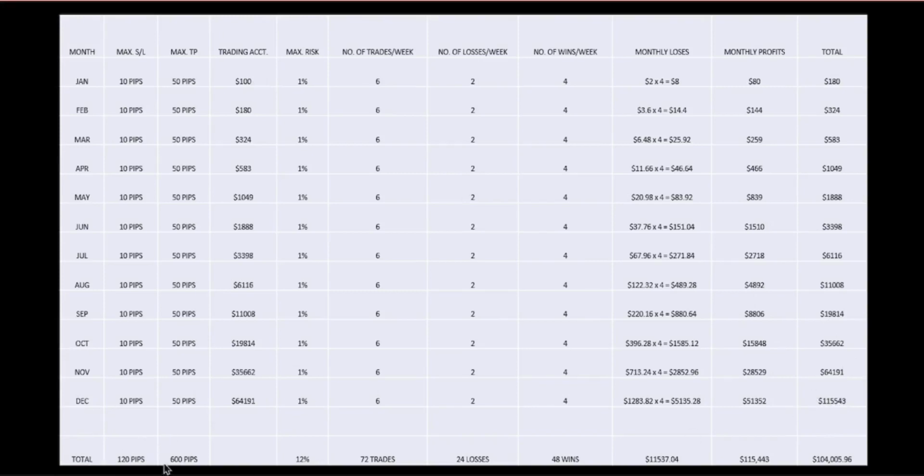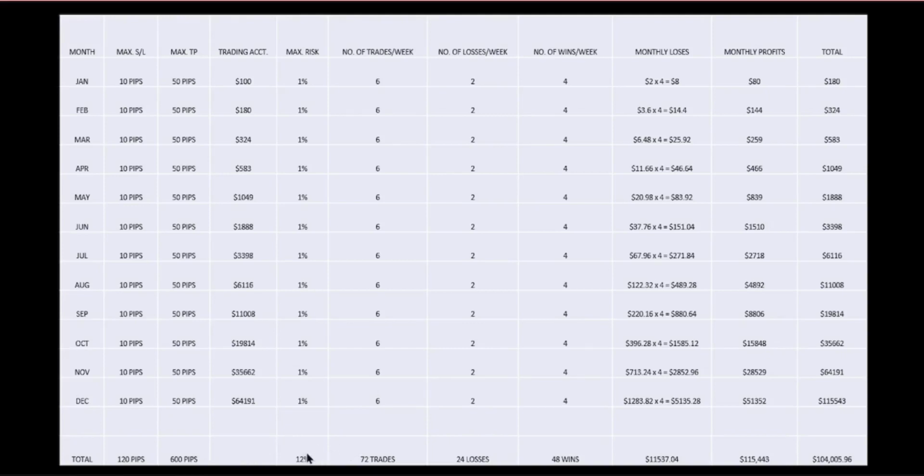And the grand total is that in the whole of those 12 months, our stop loss was 120 pips, and our take profit was 600 pips. Just 600 pips for the whole of the 12 months. But look at the amount of profit we made. This is compounding.